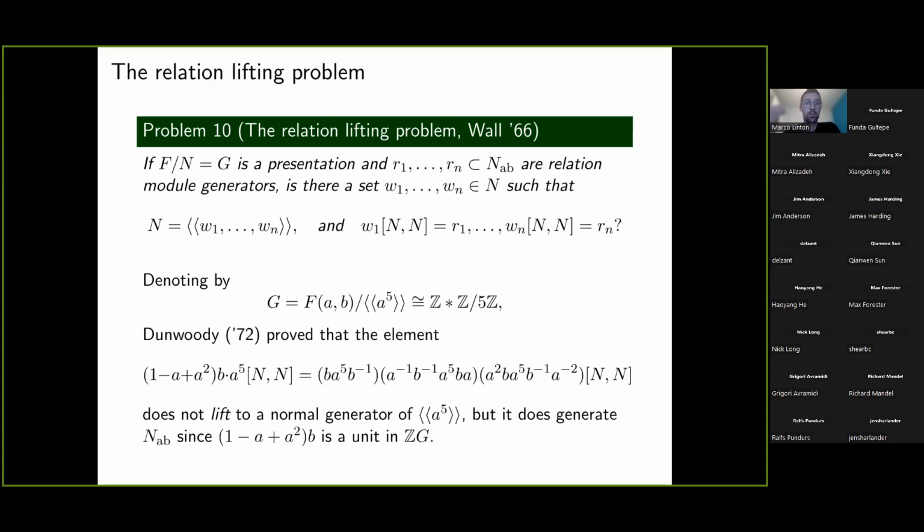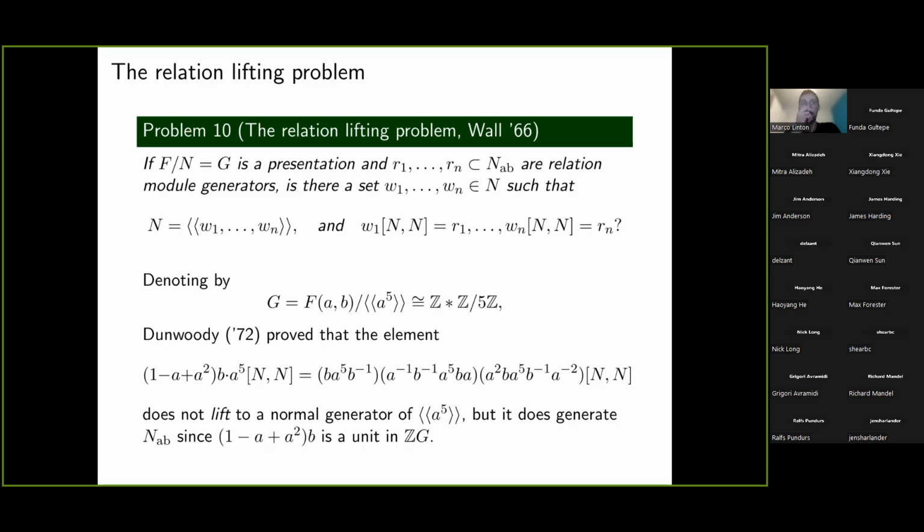Just to show that this is quite subtle: because this is a one-relator group, the relation module is cyclic, so there's no relation gap in this case. But there is this element, which I've written here, which generates the relation module, but which does not come from a generator of the normal subgroup, which is kind of mysterious.